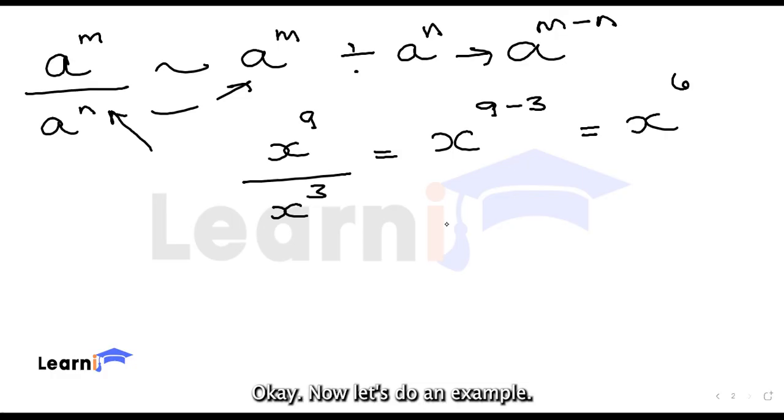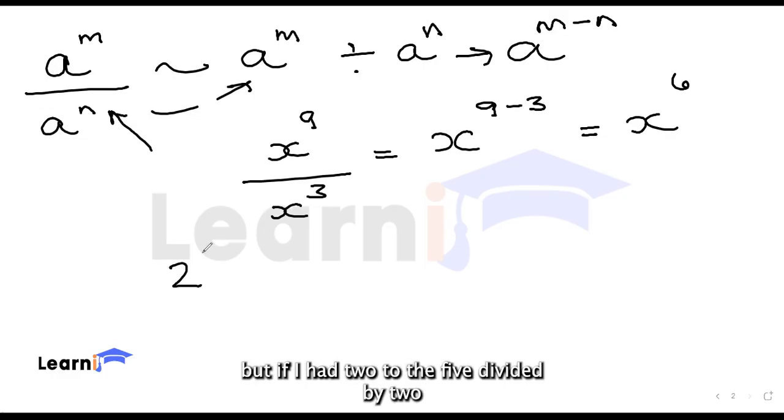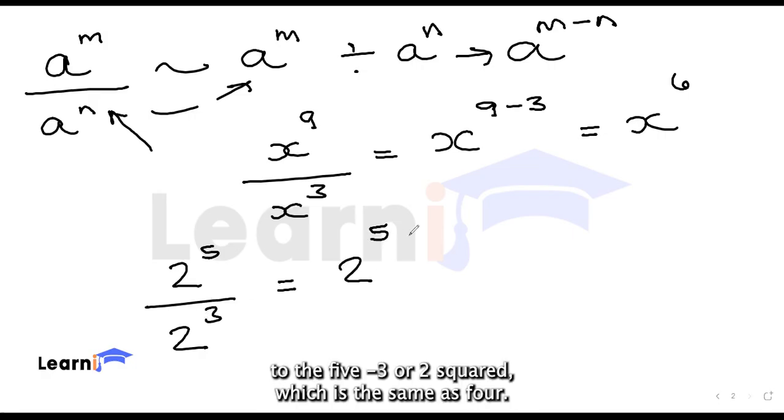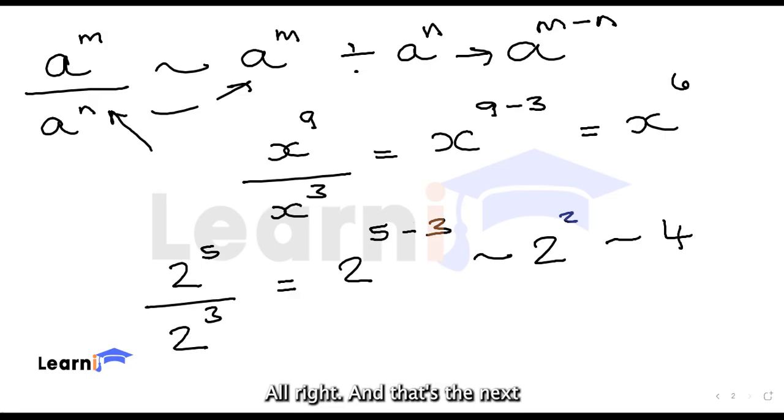Now let's do an example with a number. If I had 2 to the 5 divided by 2 to the 3, this would equal 2 to the 5 minus 3, or 2 squared, which is the same as 4. Okay, and that's the next exponent law.